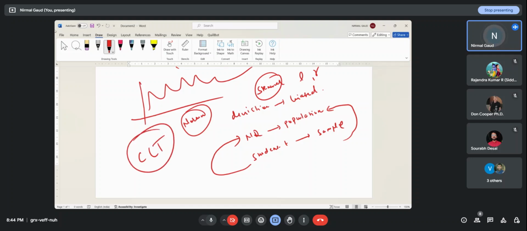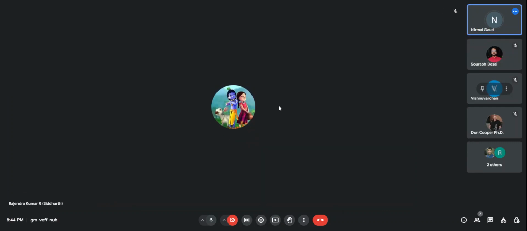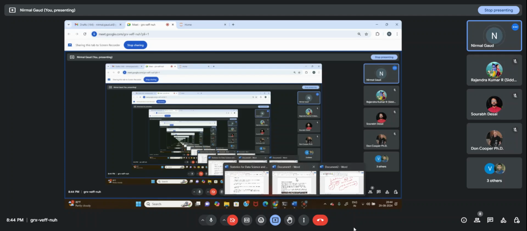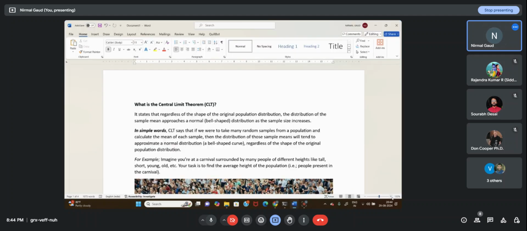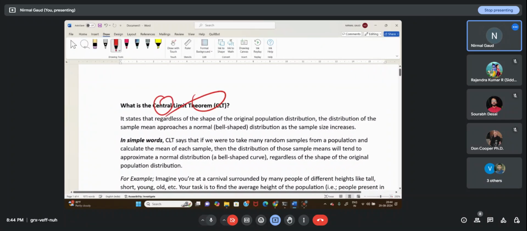Okay, so what is CLT? Let me share my entire screen and we'll discuss the CLT now. Okay, so central limit theorem. Here it is. So what is CLT?